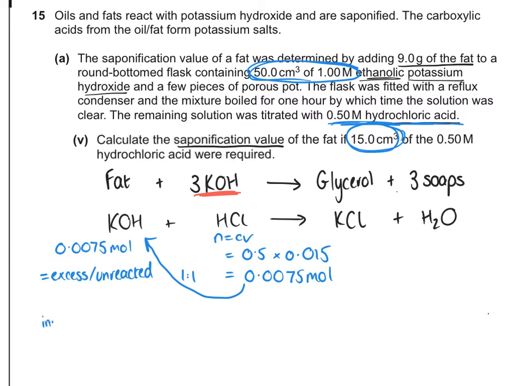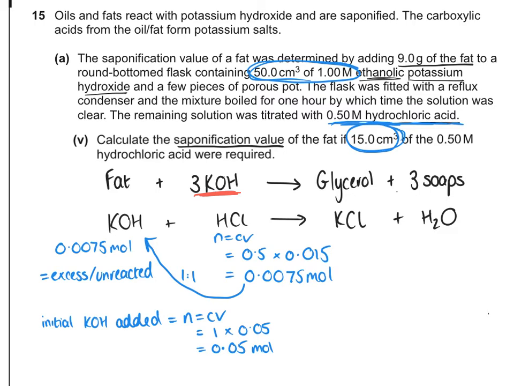For the initial potassium hydroxide added, I want to work out the number of moles, so I use the equation n equals CV. The concentration is 1 molar and the volume is 0.05 decimetres cubed. That gives me a total of 0.05 moles. That's how much I added in the first place, but that was an excess amount.